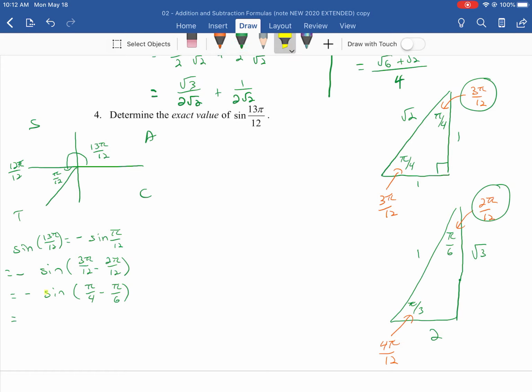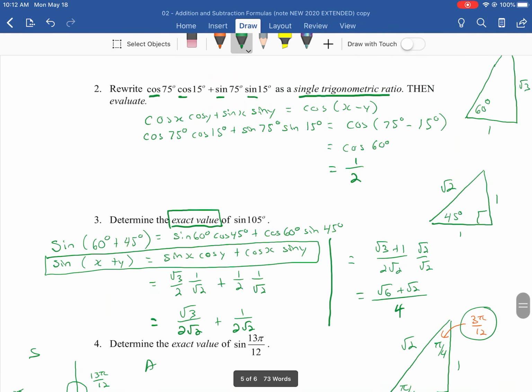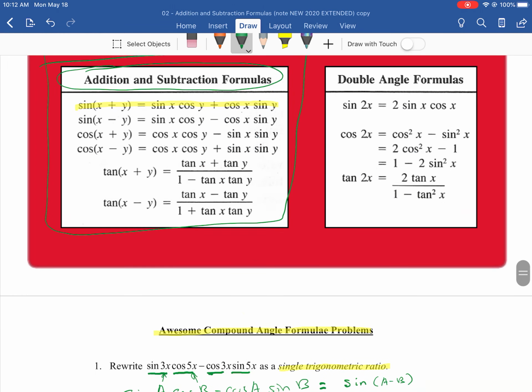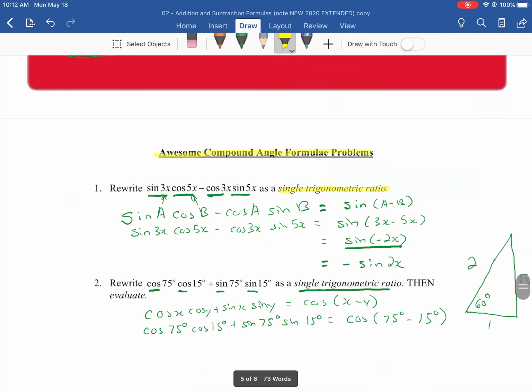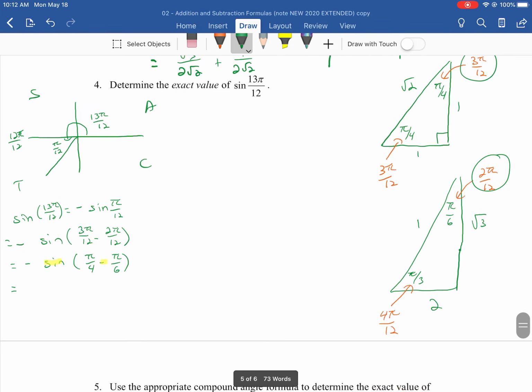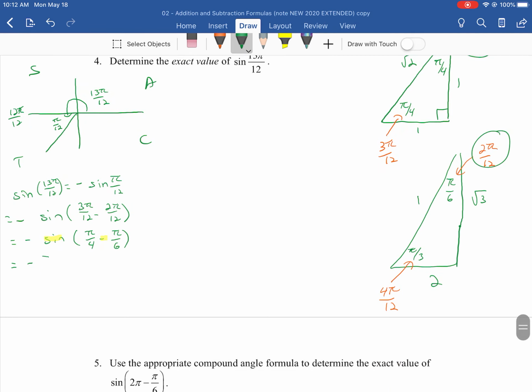And then now I'm ready to go back to, in this case, sine subtraction. You look on your sheet there and you go, okay, sine subtraction. Where's sine subtraction? Right there. So sine x cos y minus cos x sine y.